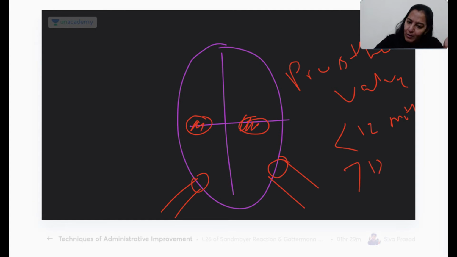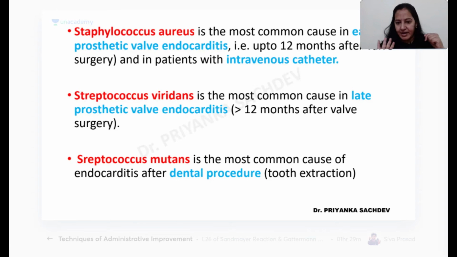Just suppose my surgery is done today; if within a year I have endocarditis in my artificial wall, it is early prosthetic endocarditis. If after 1 year I have endocarditis in my prosthetic wall, it is known as late endocarditis.